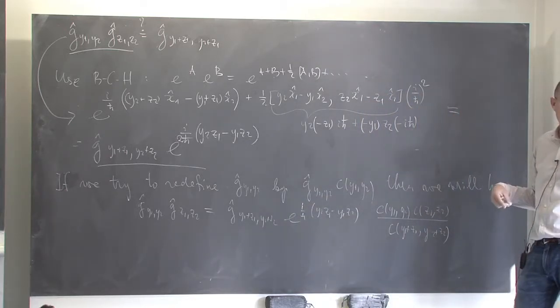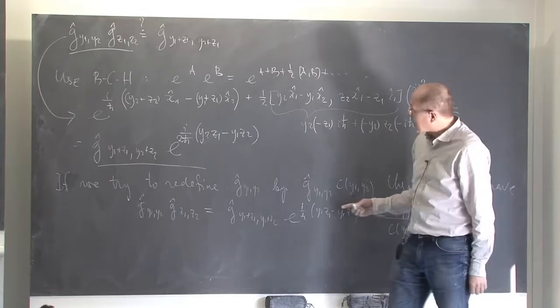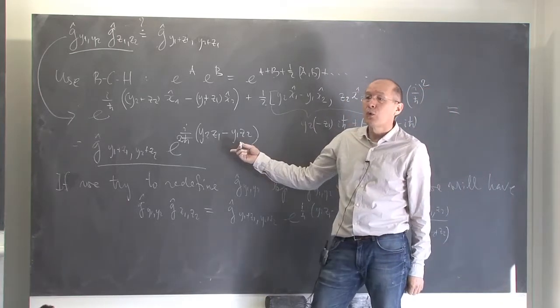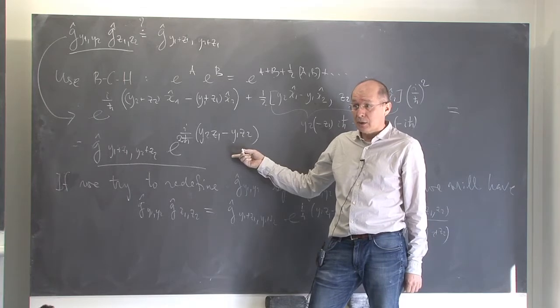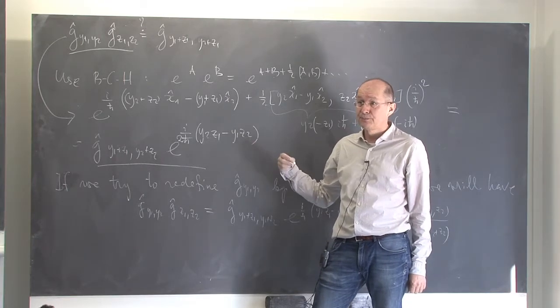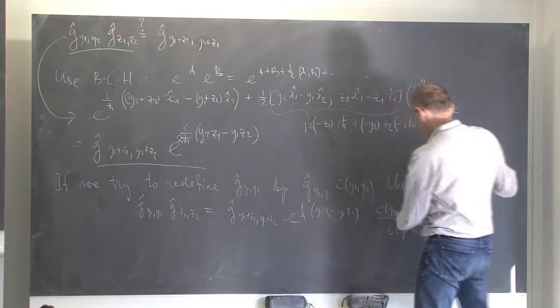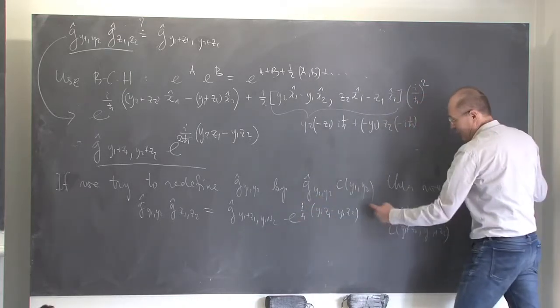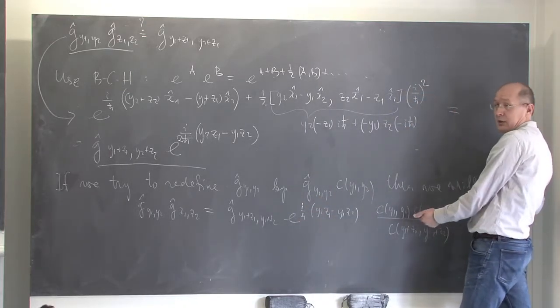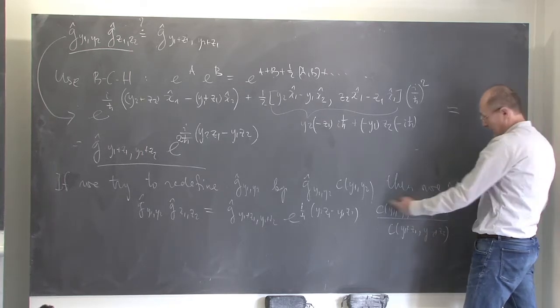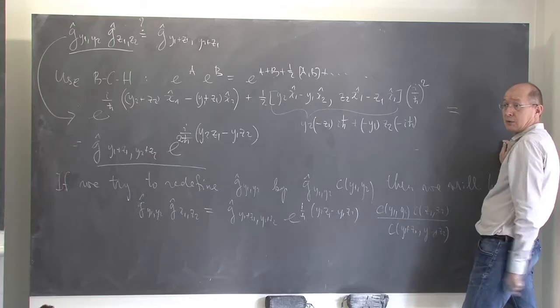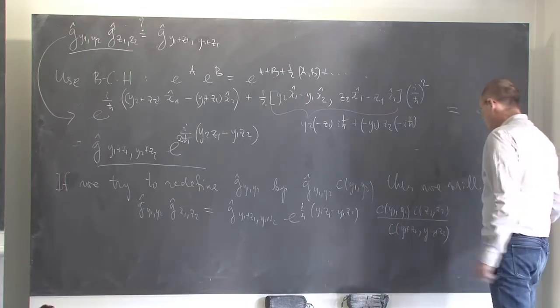And this is the manifestation of the fact that as a cocycle over the group R2, this is non-trivial. Because if we would be able to absorb it into such combination, then it would mean that the cocycle is trivial. Because this is by definition the co-boundary of the function C.